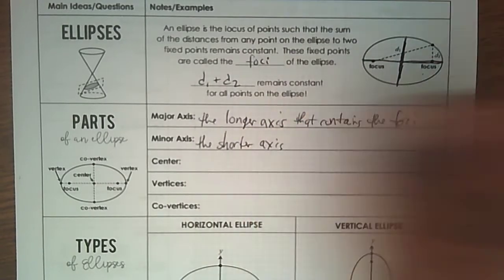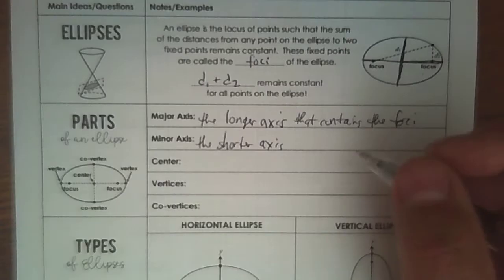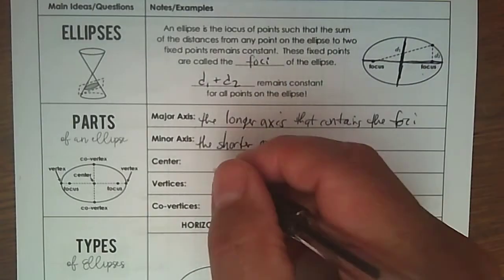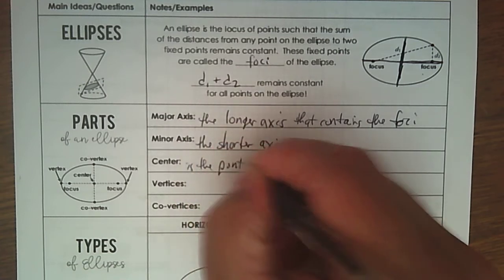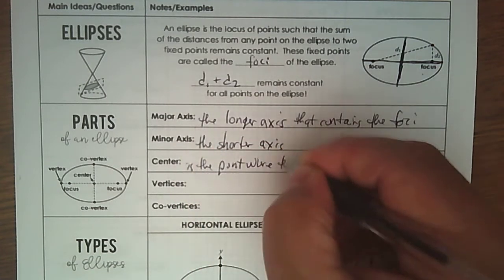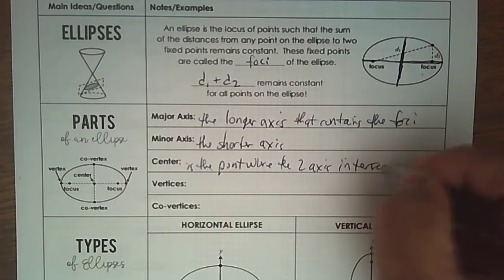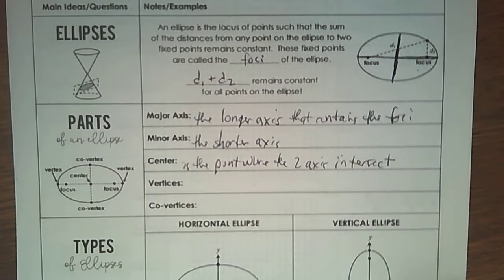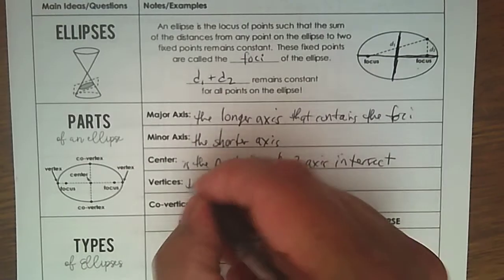And you can have an ellipse that is vertical or horizontal. The center is the point where the two axes intersect. The vertices are the endpoints of the major axes.